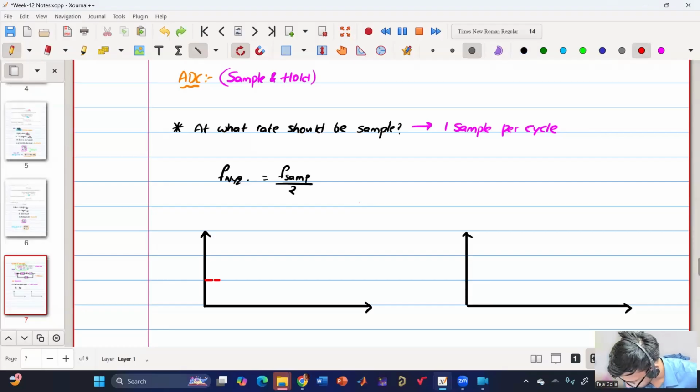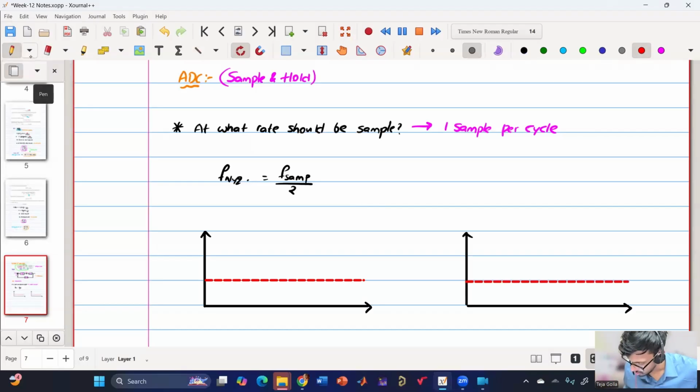So this is my regulated voltage. Now say my voltage is like this, something like that. It need not be the exact shape.